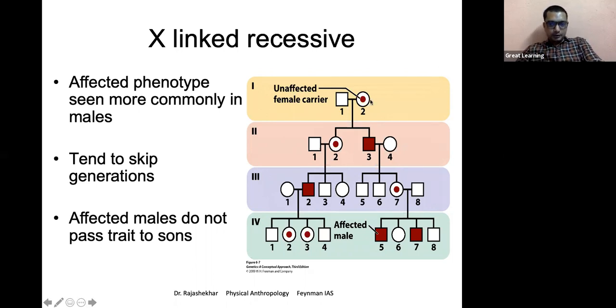In this case, this mother gave one mutant X chromosome to another girl baby. She also became a carrier. Her son, because she gave the defective X chromosome to that son, he became hemophiliac. And this person's grandchildren, their great-grandchildren, are carriers.